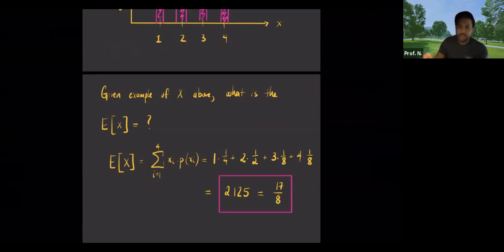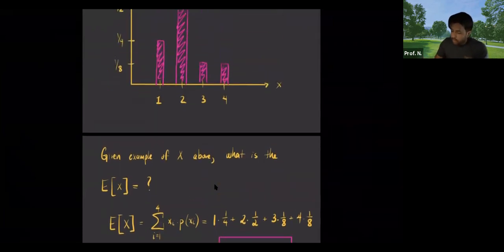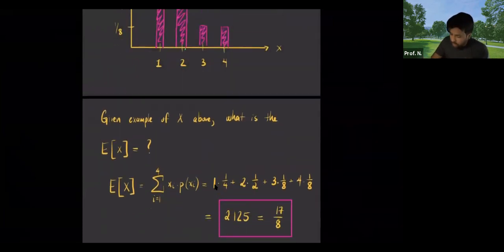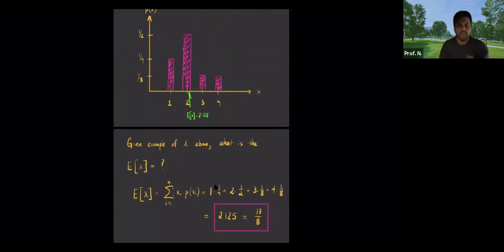This is the mean. Again, this is the mean of my random variable, or the average. So if I were to place this at 2.125 somewhere here, this would balance out the distribution of the probabilities.